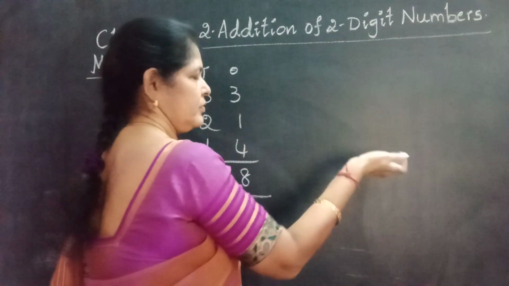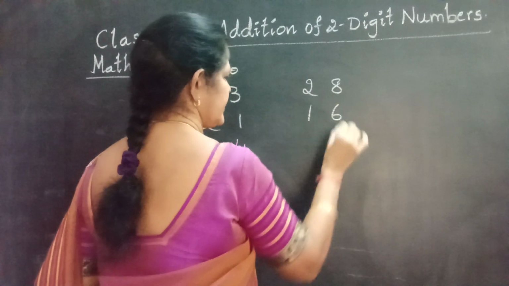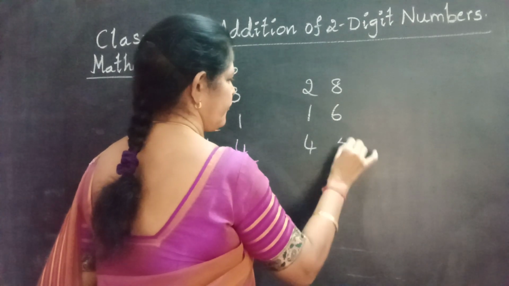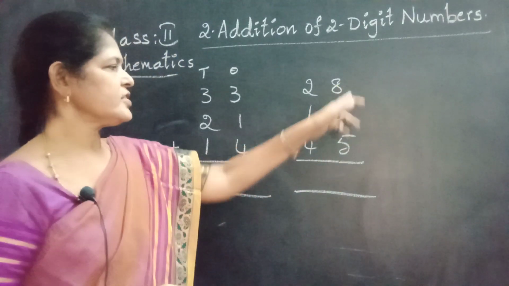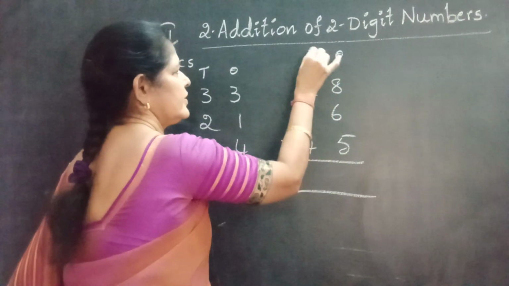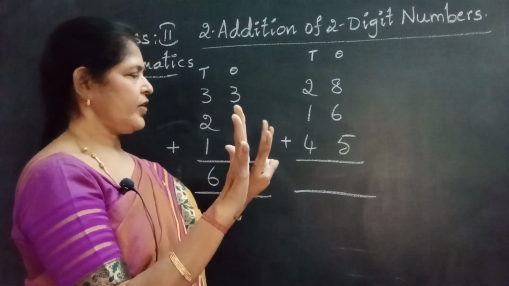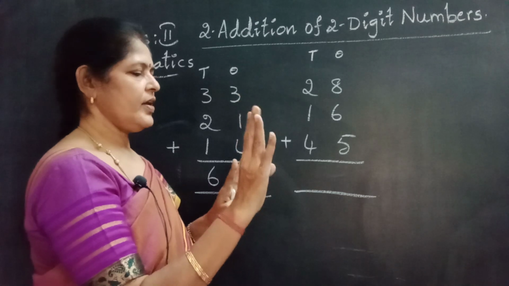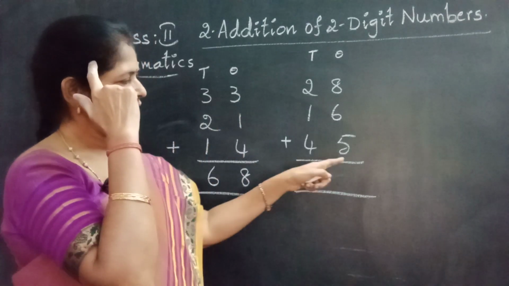Another, with regrouping. 28 plus 16 plus 45. Here also start from ones. Ones place, tens place. Take 8 fingers. 6 more: 9, 10, 11, 12, 13, 14. 14 in the mind.